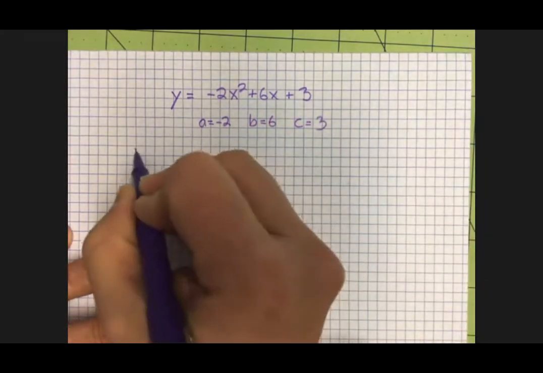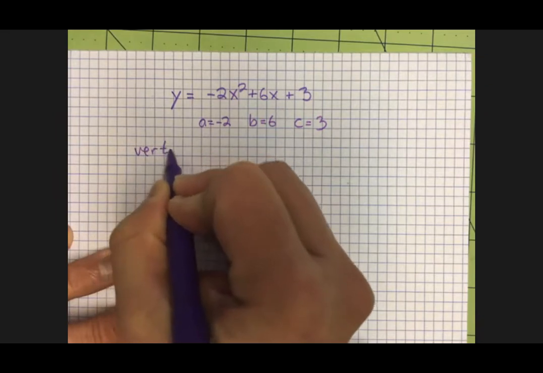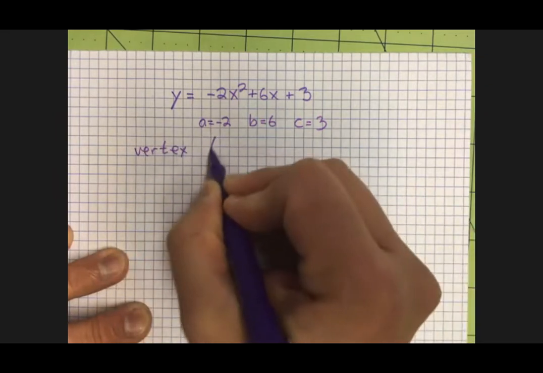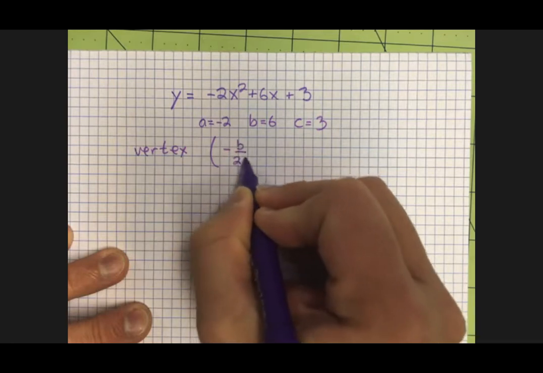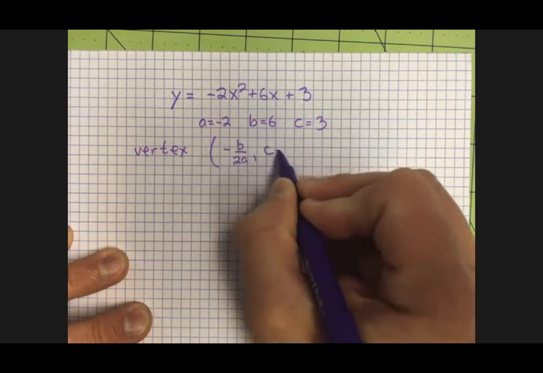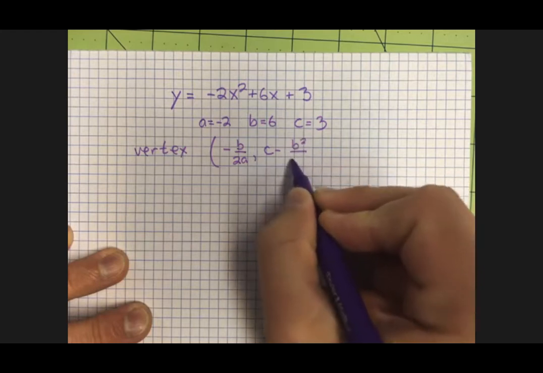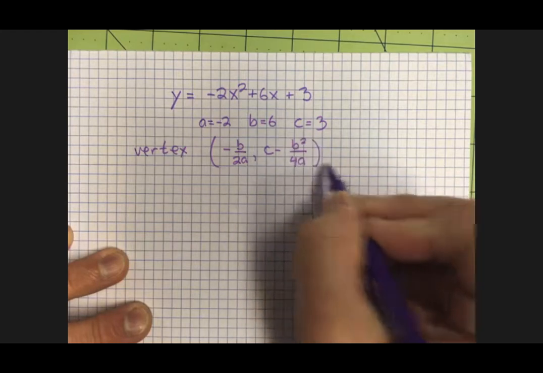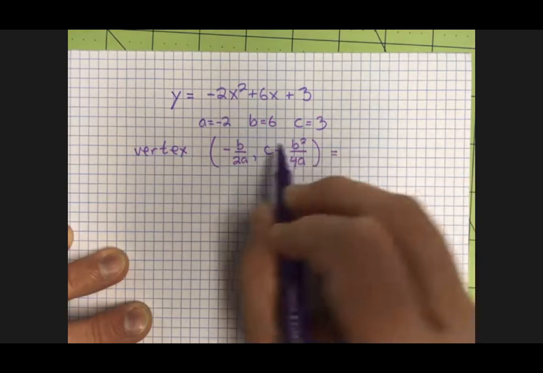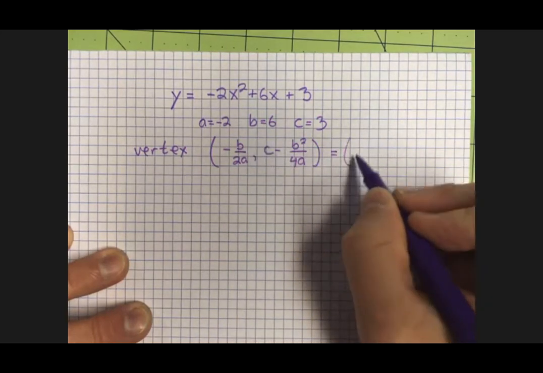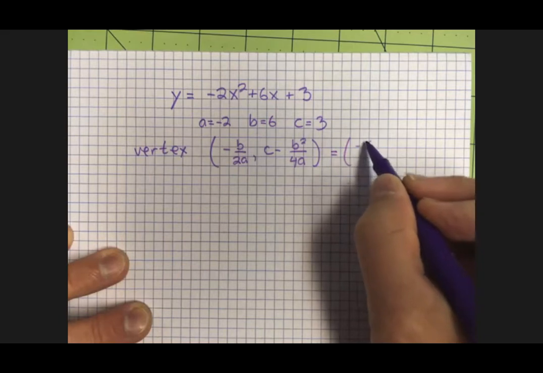So let's do the most important point first, the vertex. The vertex is at minus b over 2a and c minus b squared over 4a. Now in this problem, the b is 6, so I'll just carefully plug this in.